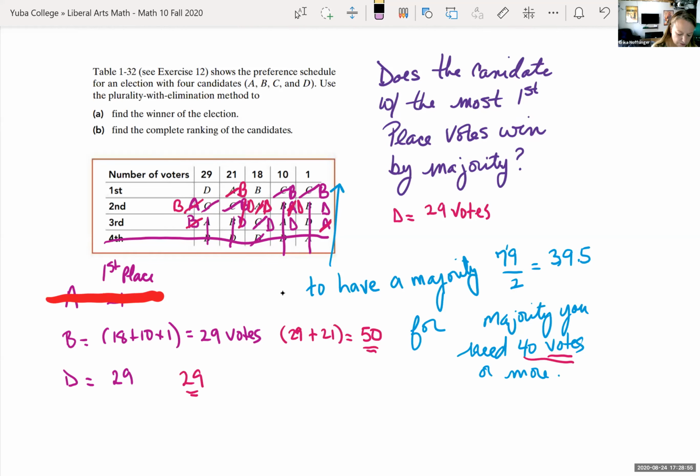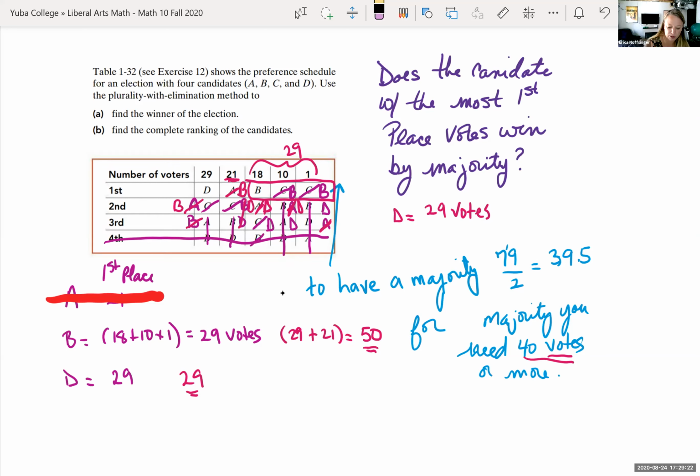Maybe I did this wrong. 18 plus 10, that is 28, plus 1 is 29. So basically, I had already put in from before that this was 29 plus this 21 here. So we did count that right.